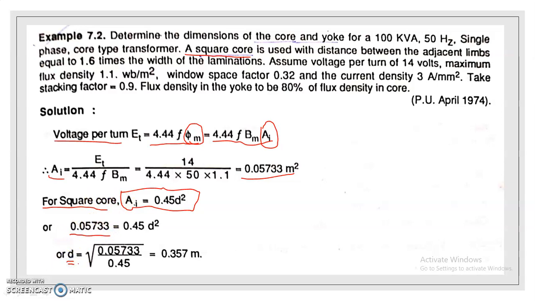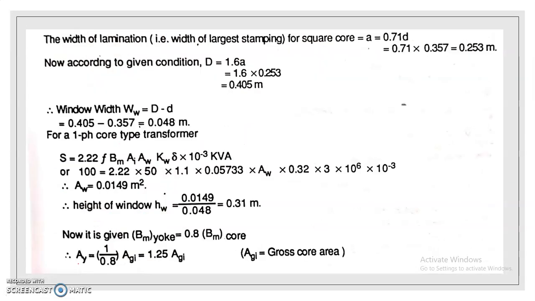After calculating the D, we have a relation between the small a and D, as we saw in the design of core sections. For square core only, you can define A is equals to 0.71 D. As per the core type, it will differ.